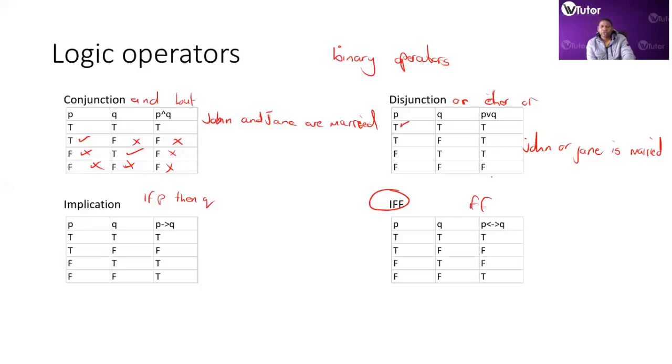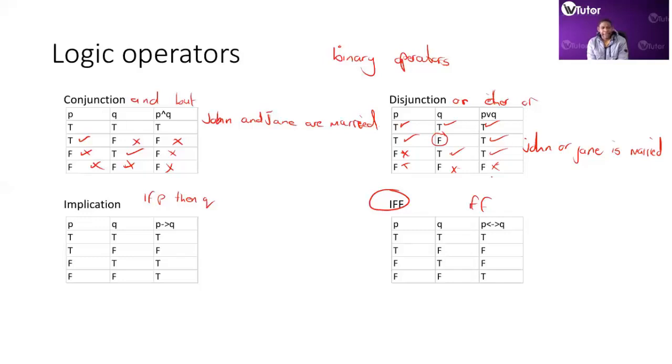Here we've got one being true, therefore the statement has to be true, though we have the bonus extra one for being true. Here John is married is true, Jane is not, therefore it is true. If John is not married, Jane is married, therefore true. Now it is only false when both inputs are false. That is the disjunction operator.